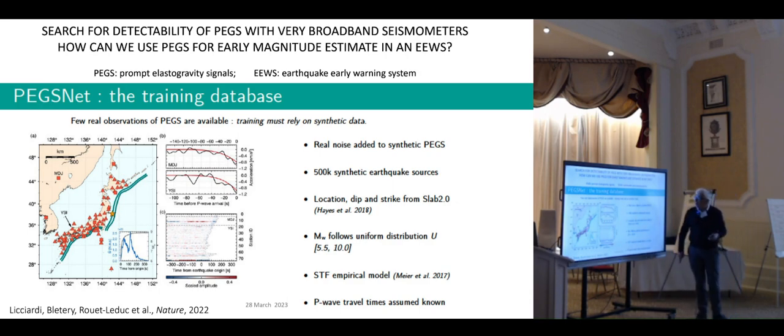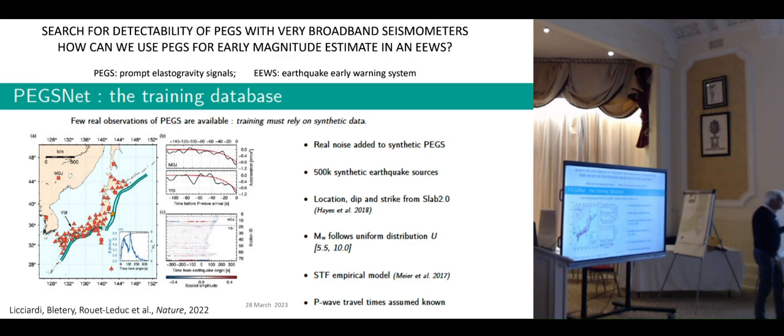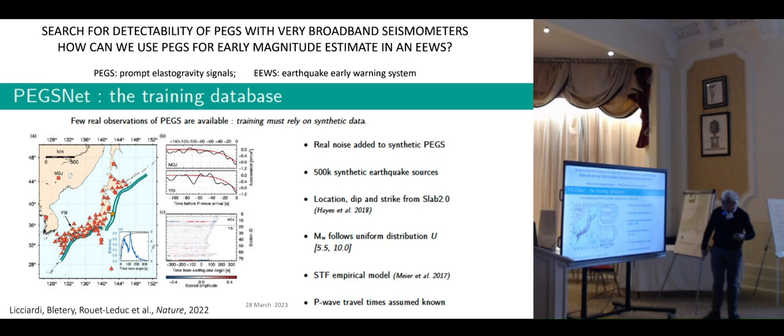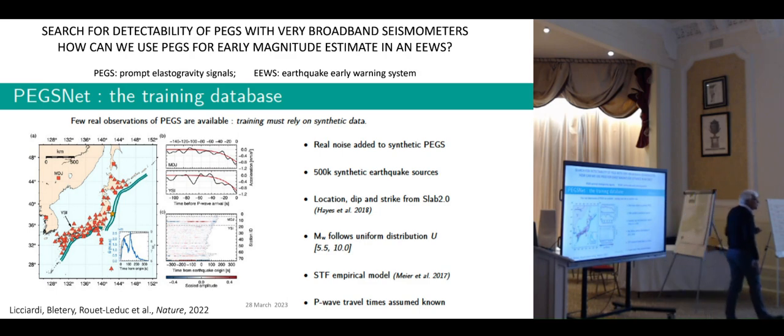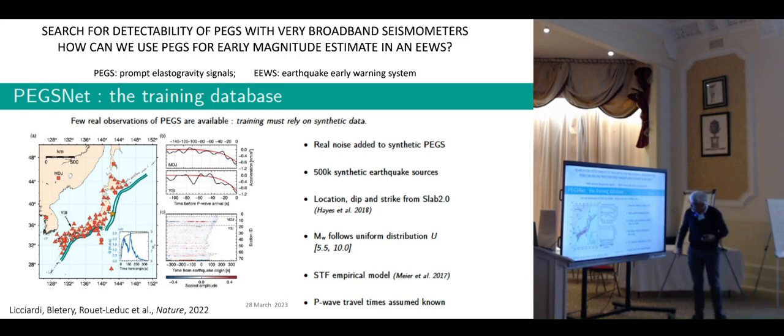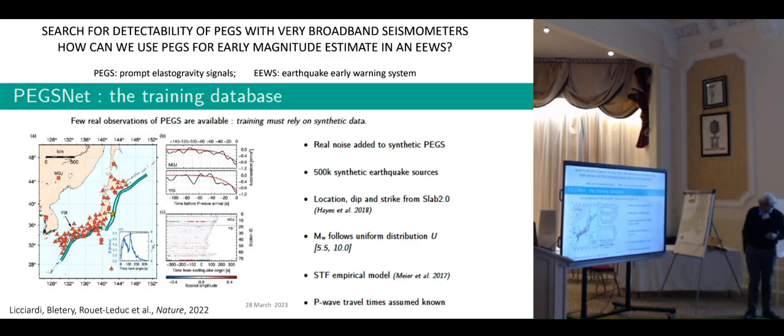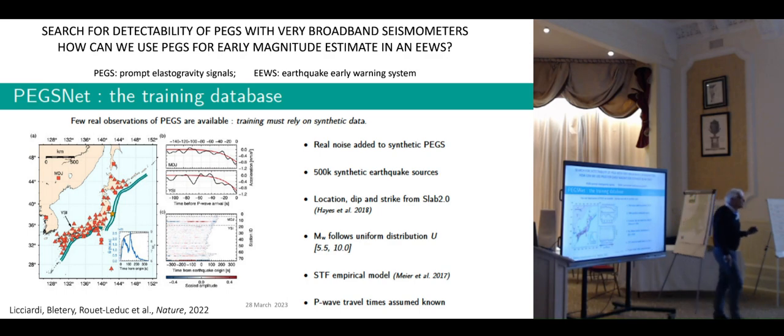So 500,000 synthetic seismograms, 500,000 synthetic earthquake sources have been considered and calculated. We use some a priori information, which is a potential location of earthquakes by using Slab 2.0, and also a potential distribution of earthquakes. And for the source time function, we use a classical source time function, which was derived from many studies.